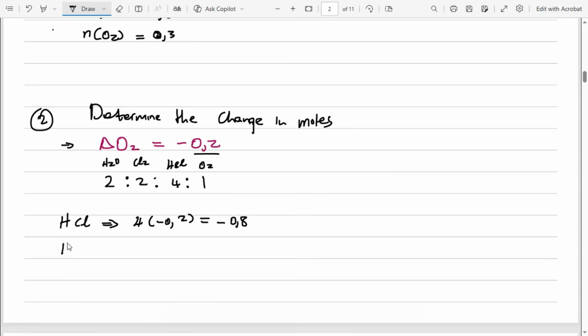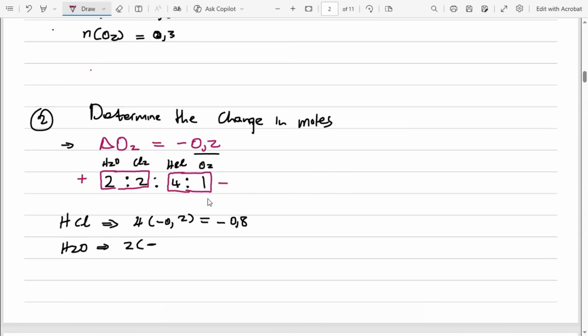You do the same for the H2O and Cl2. Remember, always your products will be negative and your reactants will be positive.